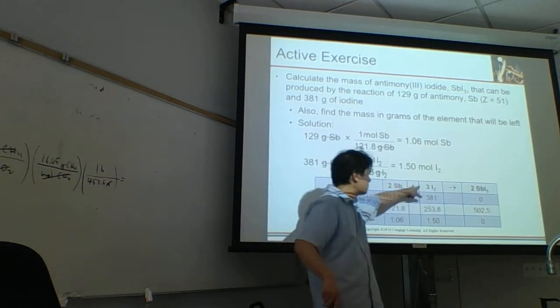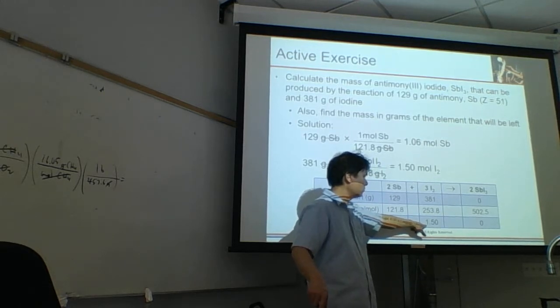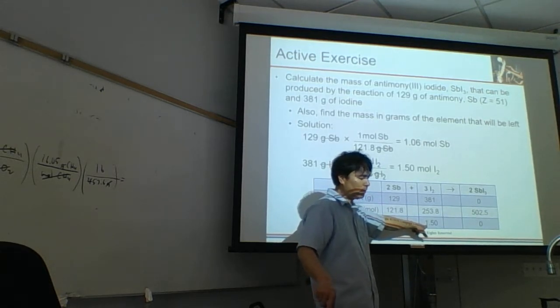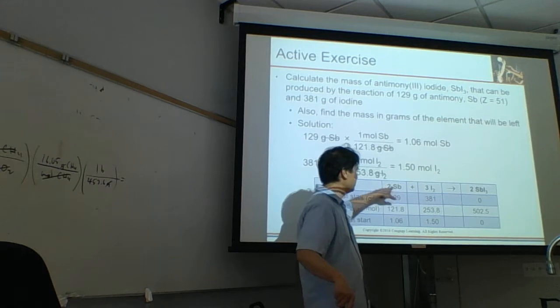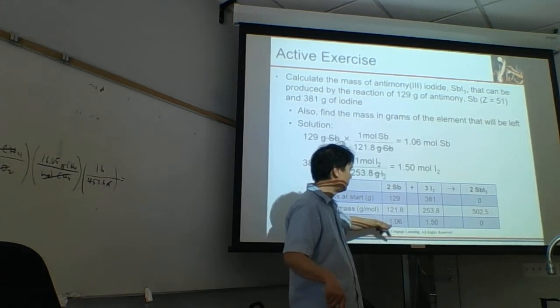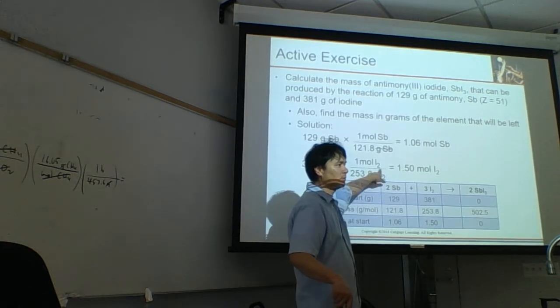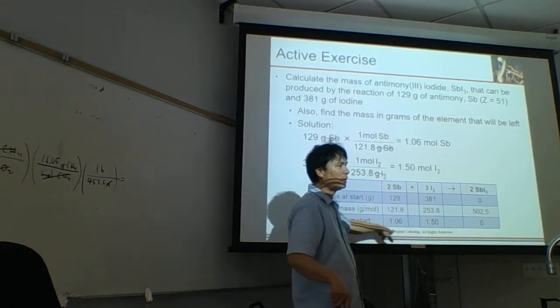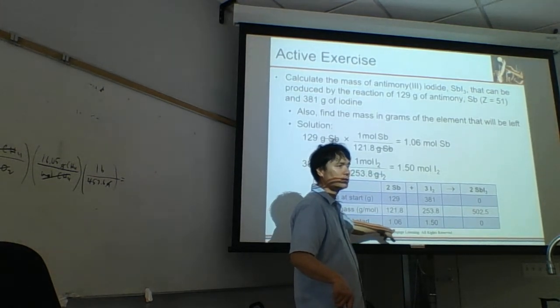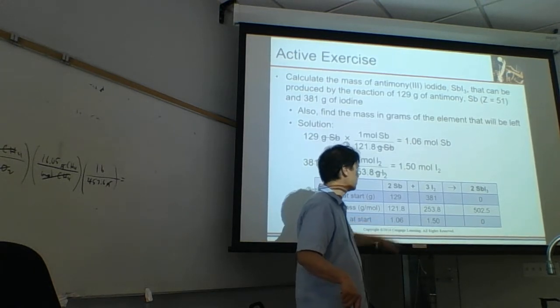If I have 3 parts of iodine, so 3 parts would be 1.5, each part would be 0.5. And then I need 2 parts of that. 2 times 0.5 is 1. And so I have a little bit extra antimony. I only need 1. I don't need 1.06. Do you see that? A slight excess of antimony.